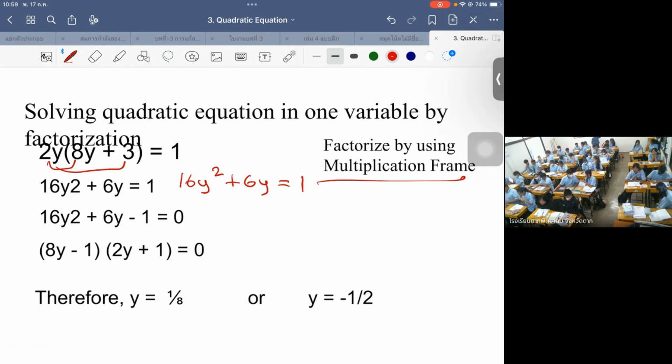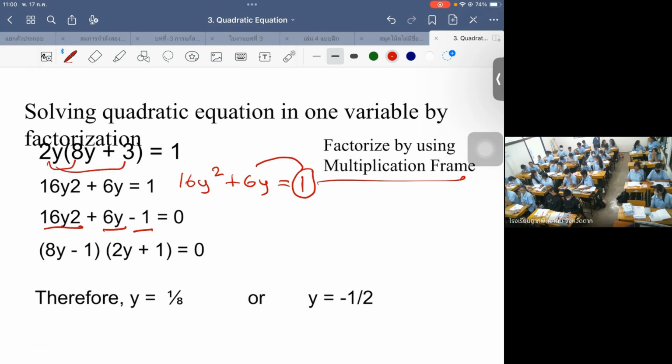But this is not quadratic, right? So we need to transpose 1, it will become the constant term. In quadratic equation, we have a quadratic term, linear term, and constant. So now we already have a quadratic term, linear term, and the constant. Now, you process the factorization.